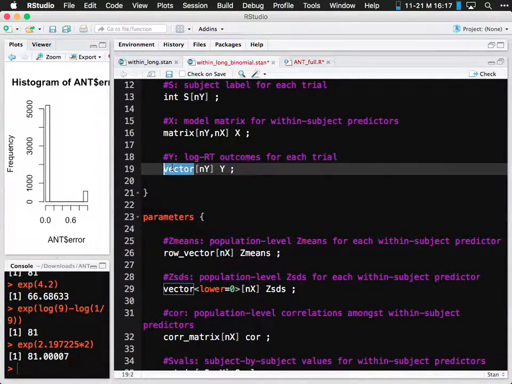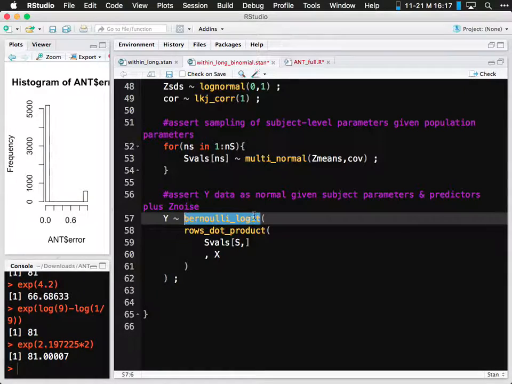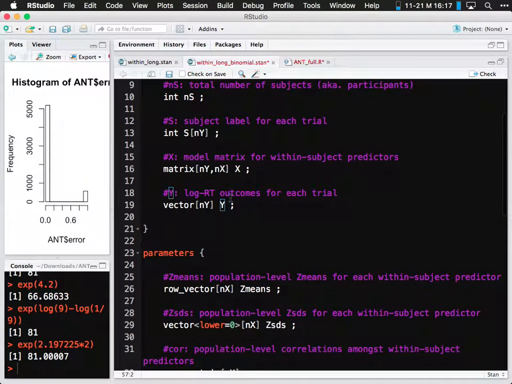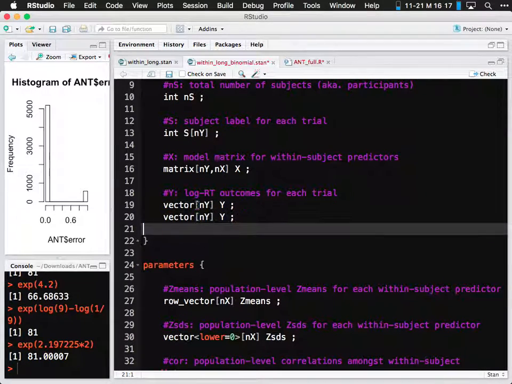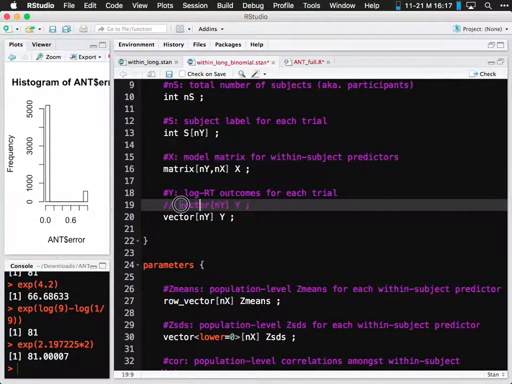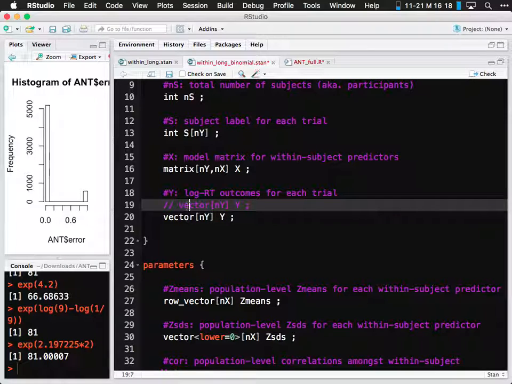And one picky thing that I don't think was necessary when they made this language, but whenever you use this Bernoulli logit, it wants to be really sure that the thing on the left-hand side is 1s and 0s, not anything else. So up here, when we say that Y is a vector, we actually can't use this syntax. I'm going to copy it and put it down here, and I'm going to comment it out. So this was the old way of doing things. What keys do you press to comment it all out? Oh, Command-Shift-C.